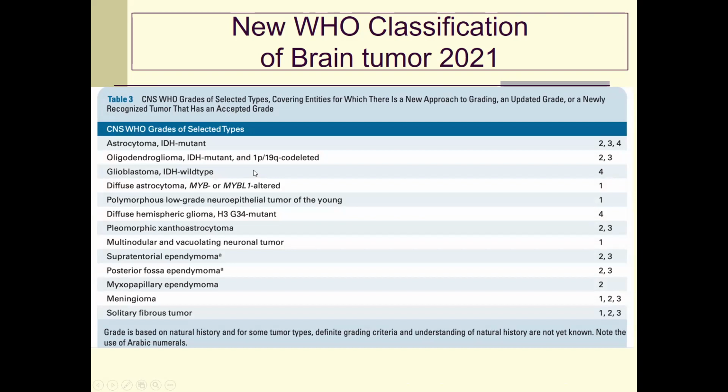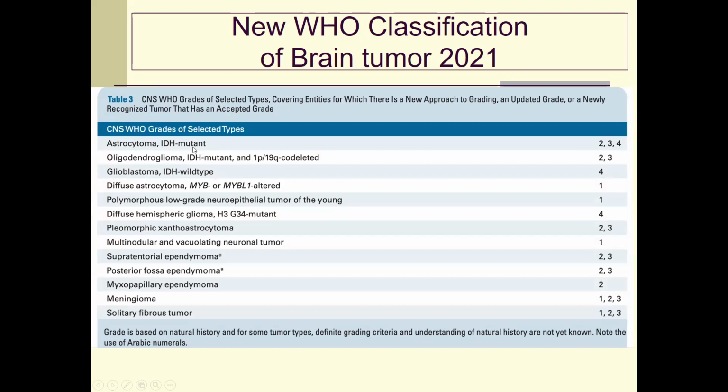And that also defines the treatment strategies. So the astrocytoma is used to be called low-grade glioma or anaplastic type, etc. But it's also important to know if this is an IDH mutant tumor.